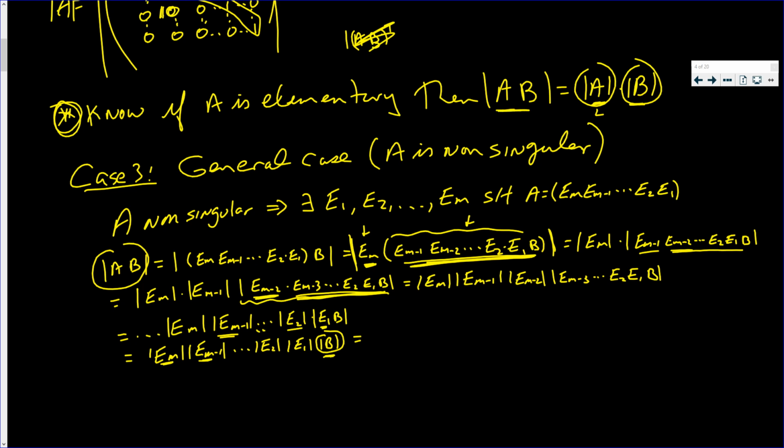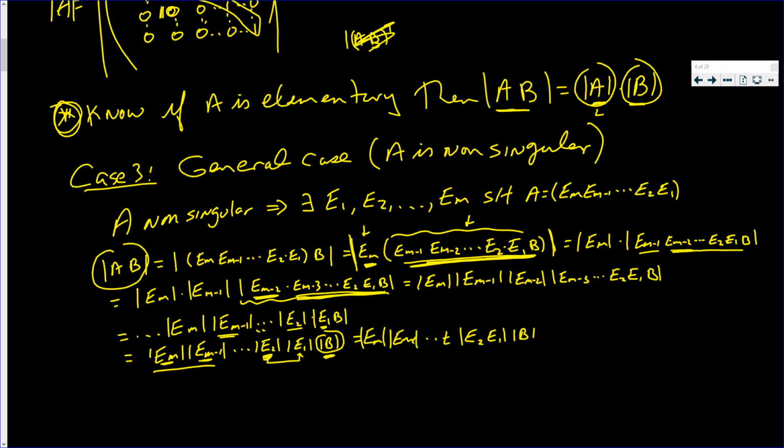Okay, so I know that E2 is elementary. And when I multiply it by E1, I will get the determinant of E2 times E1. Let's not forget B. Let's not forget everything before it: the determinant of E_M, the determinant of E_(M-2), and so on.